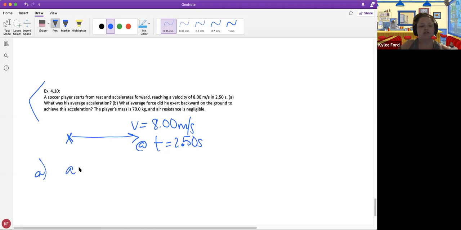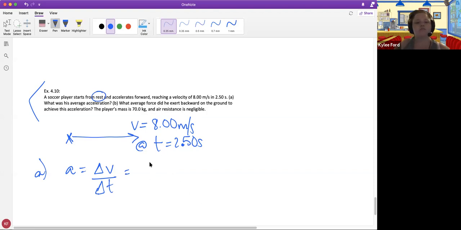Now, acceleration is, remember, basically a change in velocity over some change in time. My change in velocity in this case was 0 to 8 meters per second because it said that he started from rest.